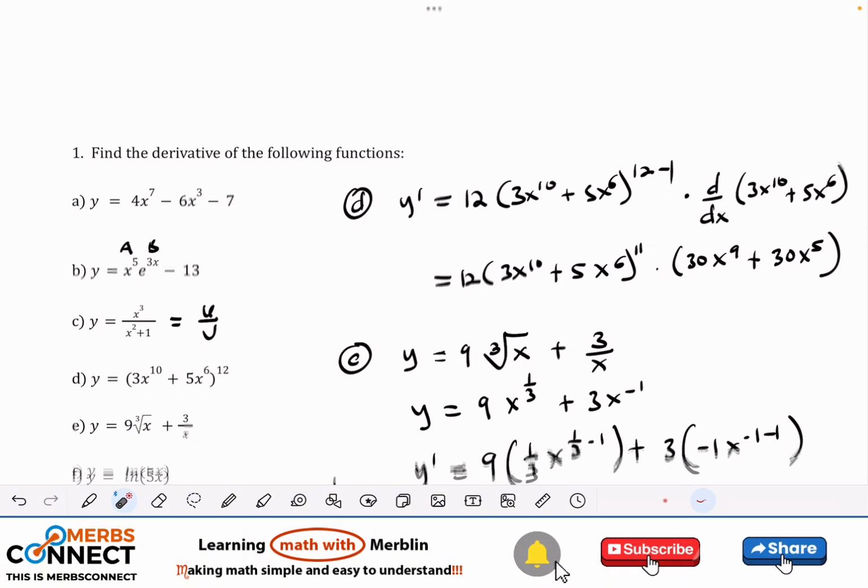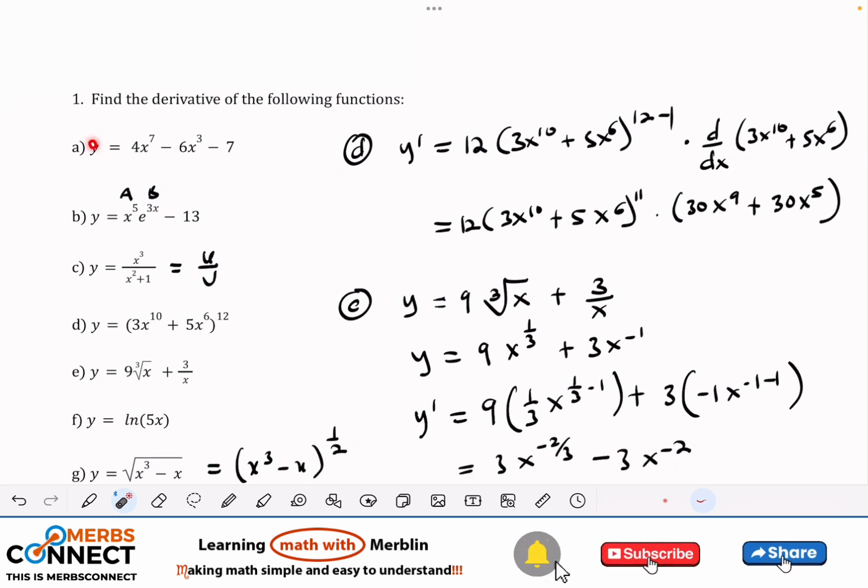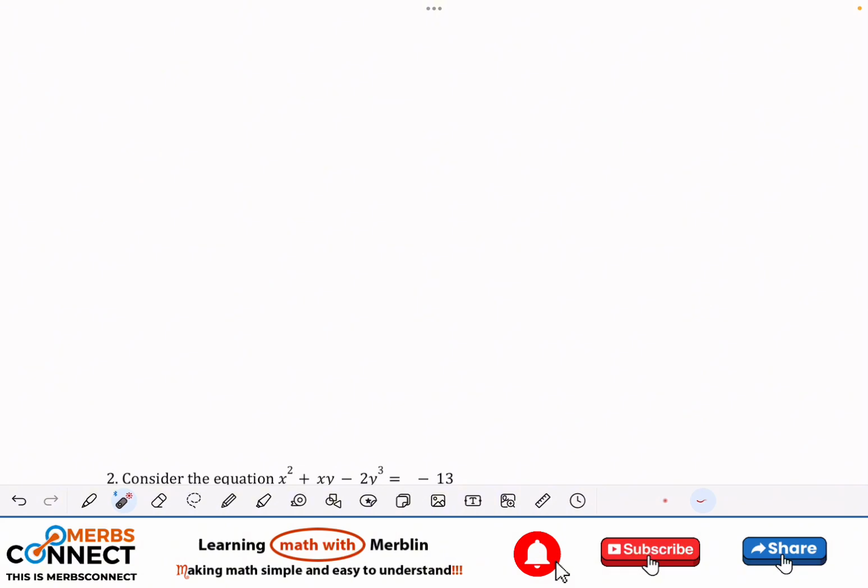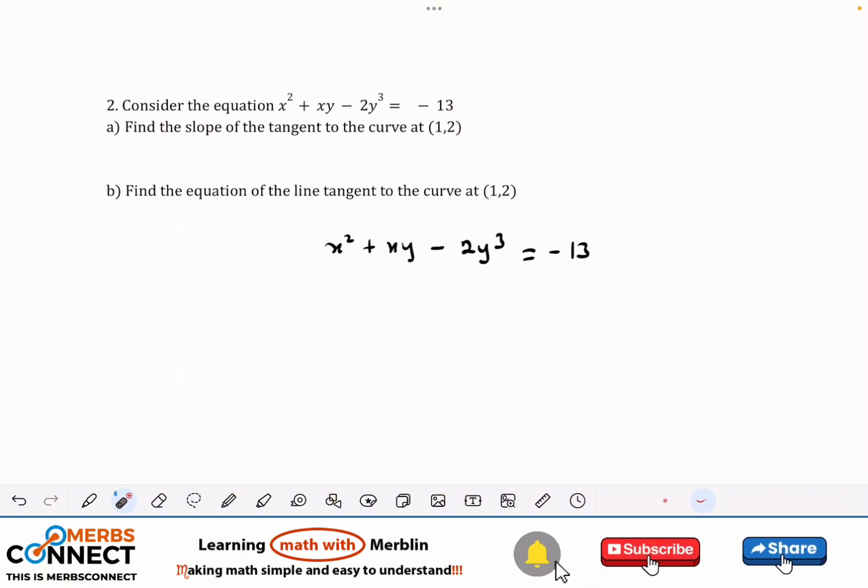And then you can also see here that the y values that we have here, they are all to the power 1, right? But when you get implicit differentiation, if it is to the power 1, it will be attached to x in such a way that you cannot make y the subject. Let's assume that we don't even have this, we are going to use the implicit because this is not to the power 1, it's to the power what? 3, right? So that is the idea.